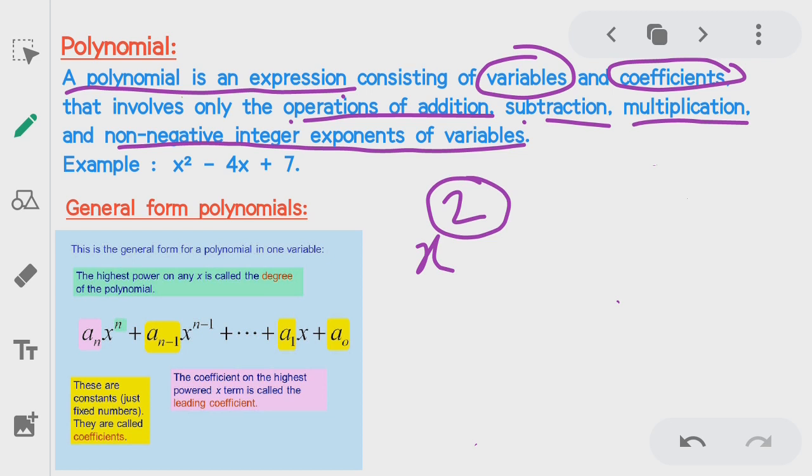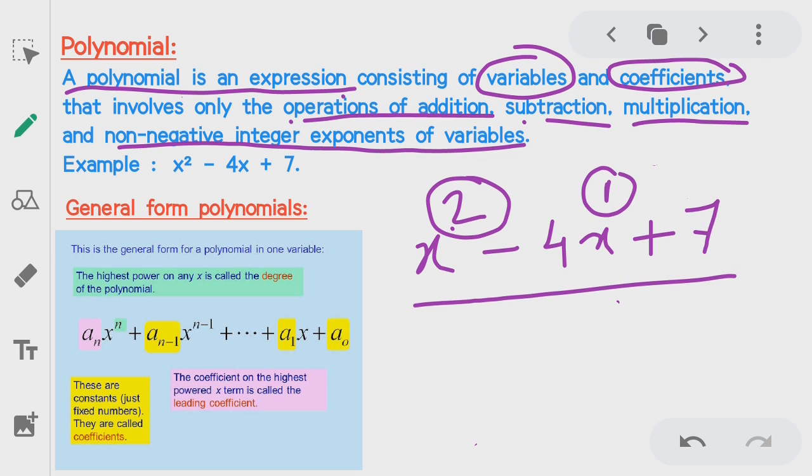Minus 4x plus 7: if there is no power for 4x beside it, we have to take this as 1, and it is positive. Hence we can say that 2 and 1 are non-negative integer exponents of the variables. Hence x square minus 4x plus 7 is a polynomial.